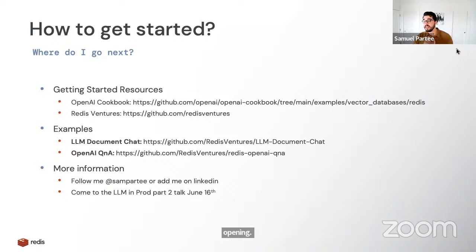And also there's the Redis AI resources list, which has a lot of them specific to Redis, but it's actually a really good place sometimes to start. There's also some courses being put out by OpenAI, so check those out.